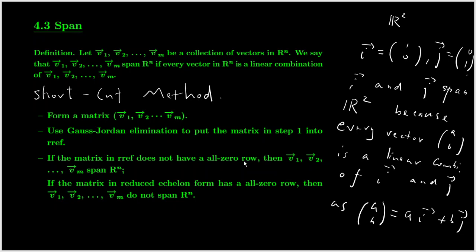If there is at least one row consisting of all zeros, we're going to see the case later. Then the answer is no. By that we mean not every vector in R2 is a linear combination of the given vectors.